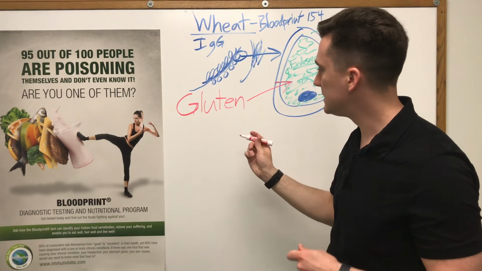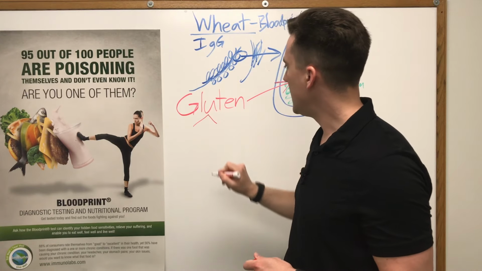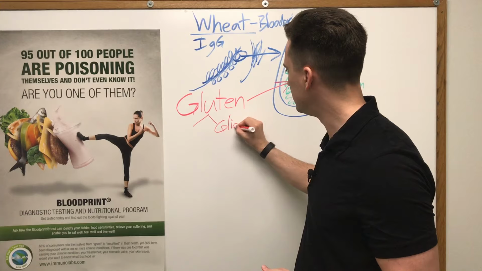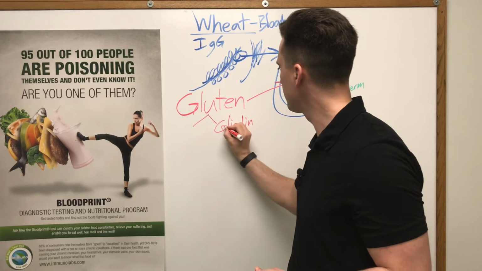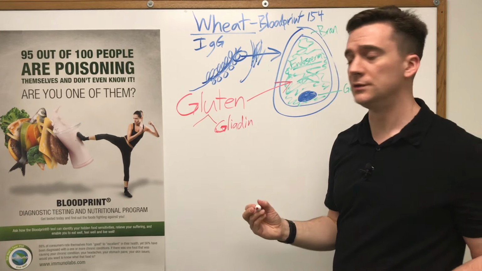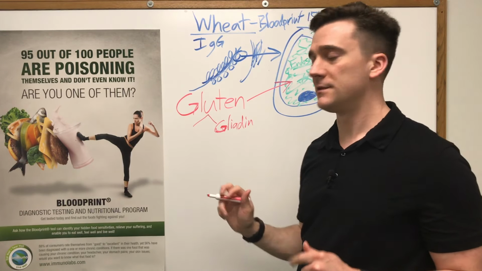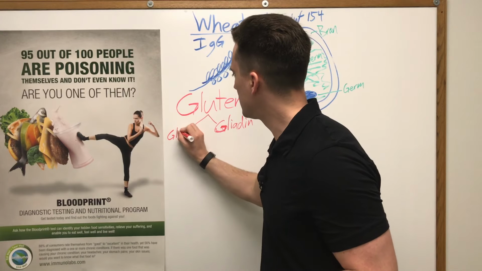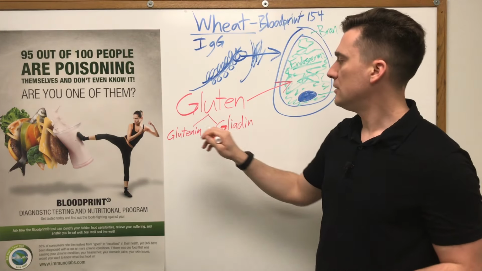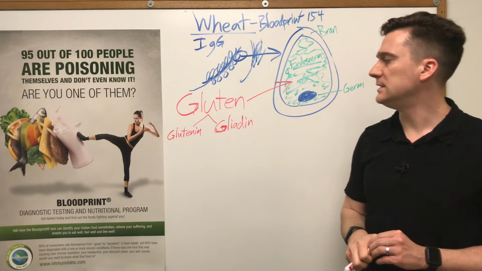Now, gluten has two parts to it, and the part that I'm going to focus on is gliadin. The other part of gluten is called, and I'm not sure if I have the spelling of it right, but I believe it is called glutenin. Glutenin is usually what you find in rice.